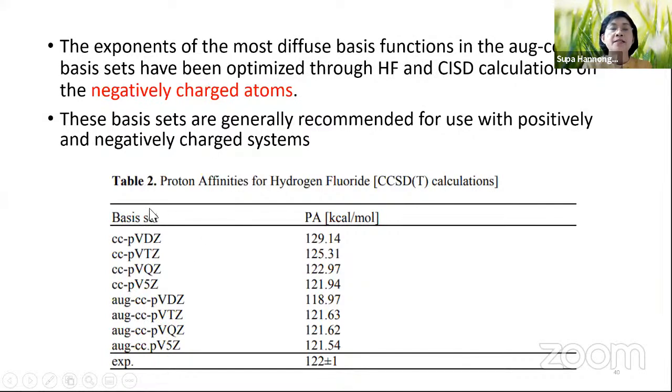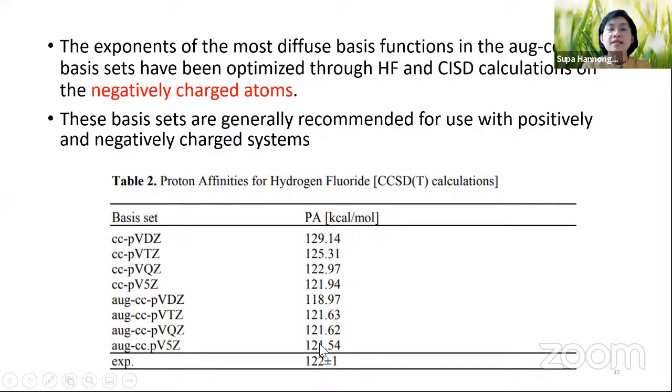This table presents the proton affinities for hydrogen fluoride, calculated by CCSD, a very high level of theory. If you use a different basis set, you obtain a different proton affinity. The real experimental data is 122 kilocalories per mole.